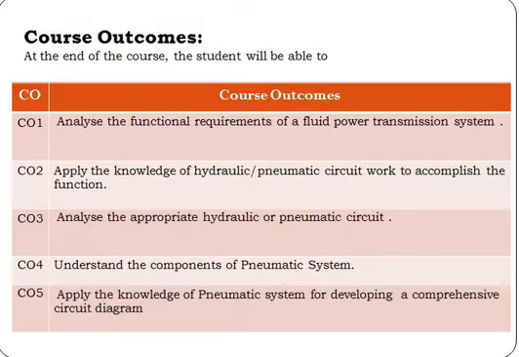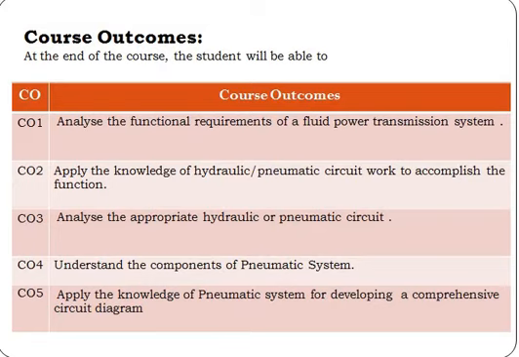The course outcomes: the students will be able to learn the following at the end of the course. CO1, analyze the functional requirement of the fluid power transmission system. CO2, apply the knowledge of hydraulic and pneumatic circuits to accomplish the functions.